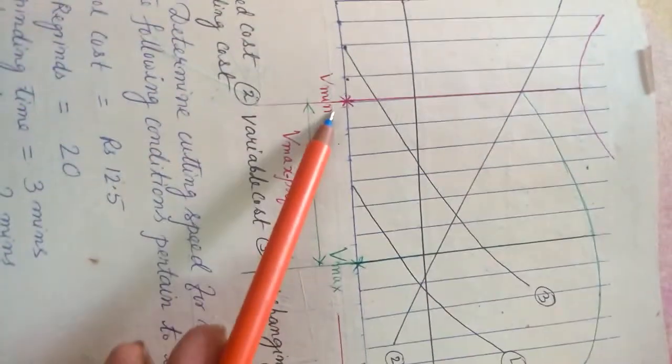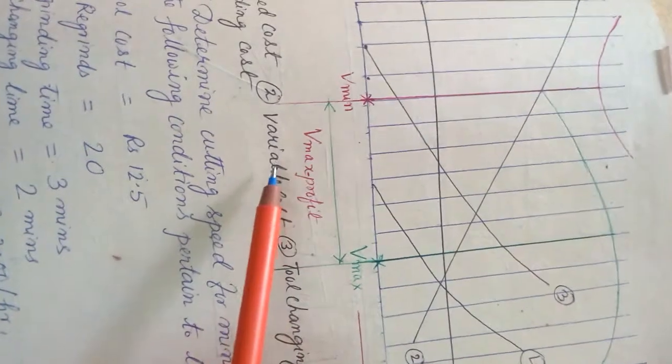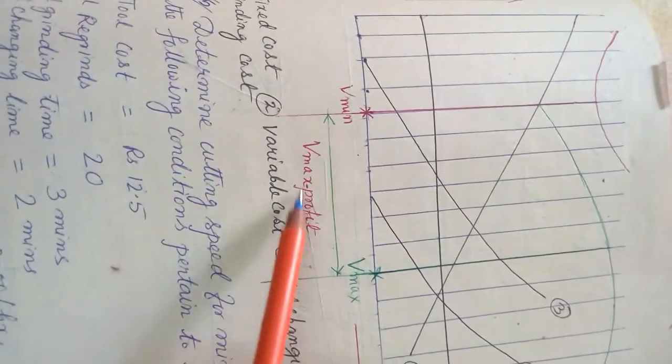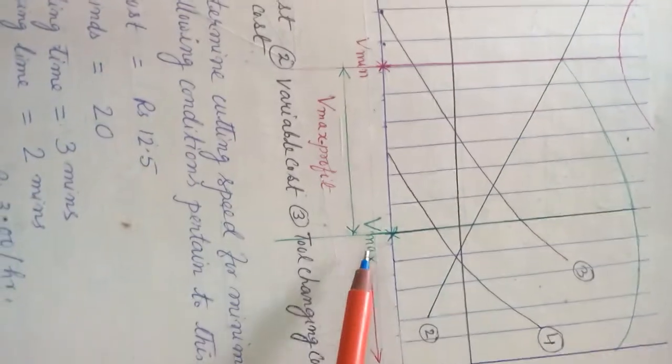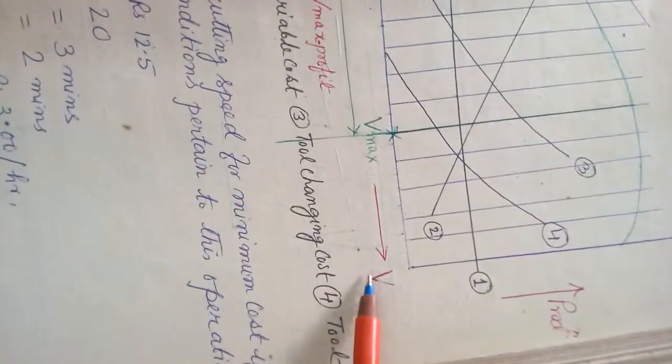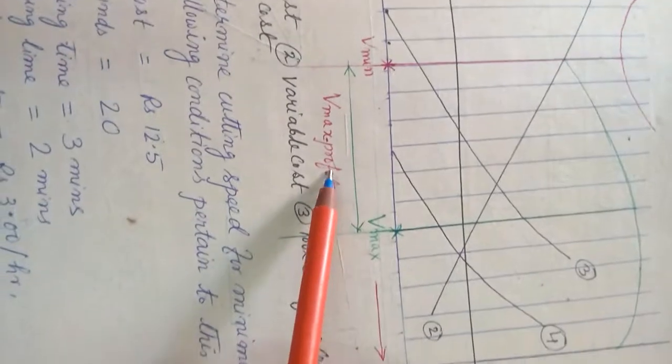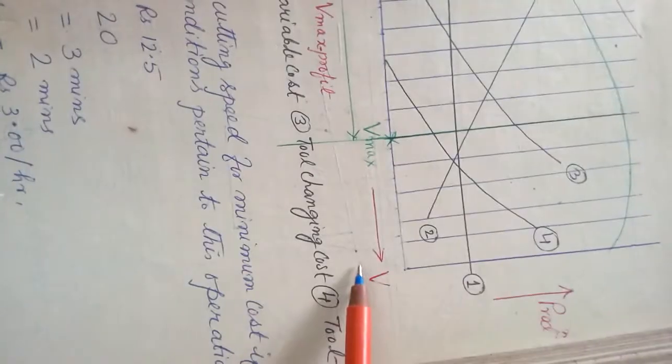This is the V min point. Vmax is greater than V min, so Vmax will come after V min. It's Vmax for profit. Cost minimization means profit maximization. So this is the V point, this is the production.